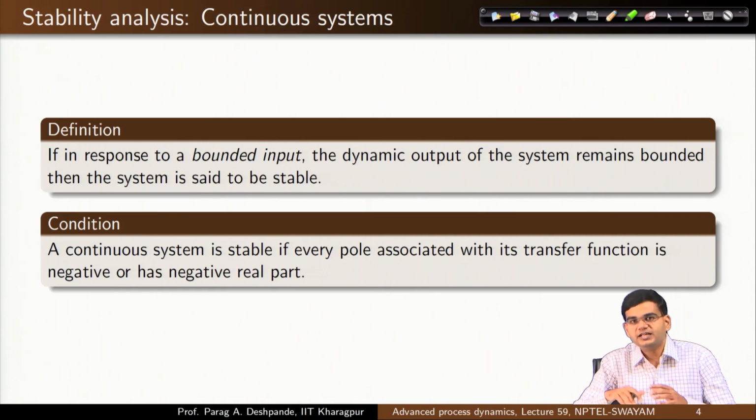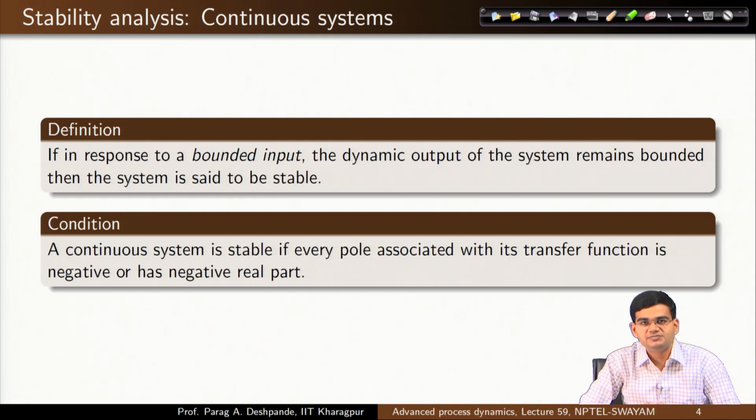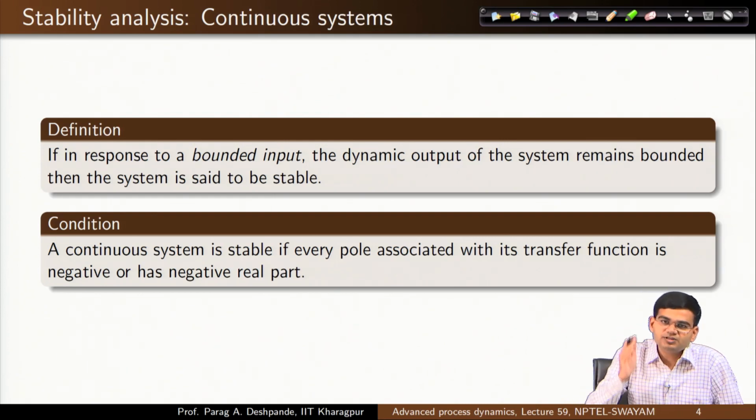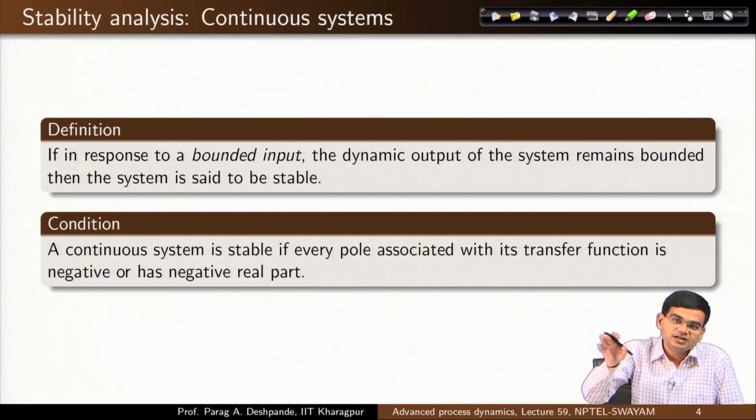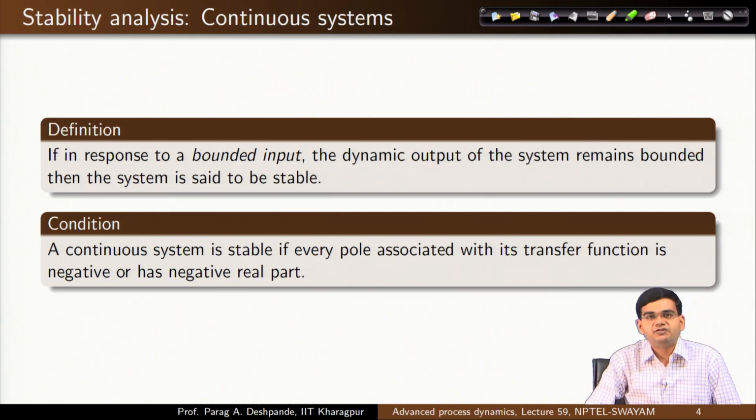Similarly, now what I can do is look at the Laplace domain transfer function in case of continuous systems, and look into the poles of the system. If every pole associated with the transfer function is either negative or, if it is a complex pole, has a negative real part, then the system will be stable.